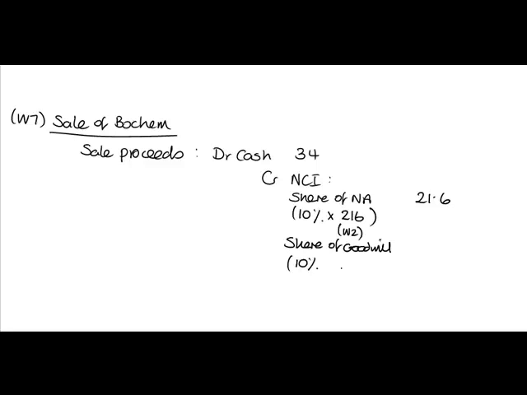And at the disposal date, goodwill is 35.2. So I'm going to say that that is a further 3.5. And therefore I'm going to credit equity 8.9. Okay.